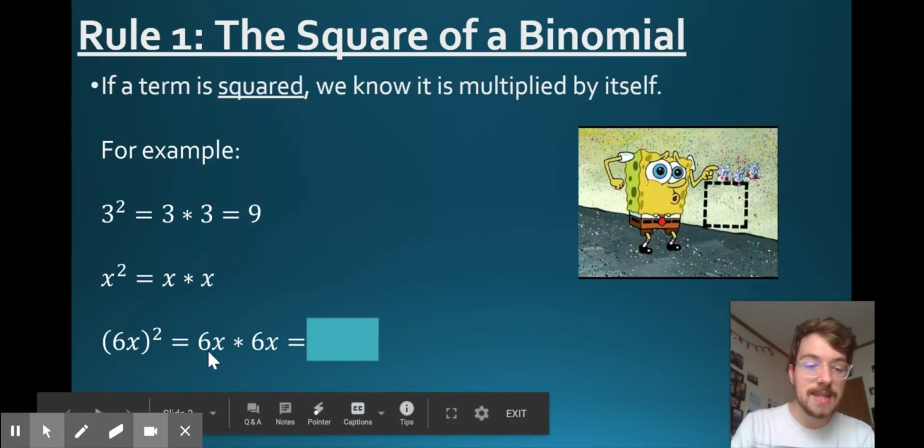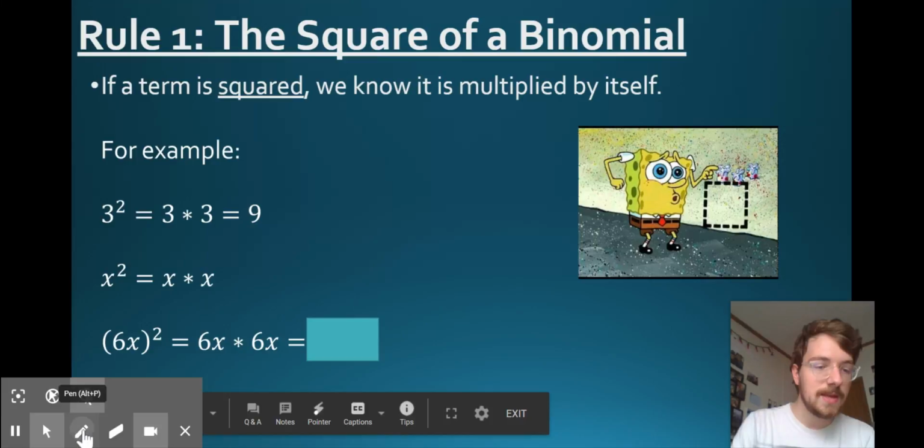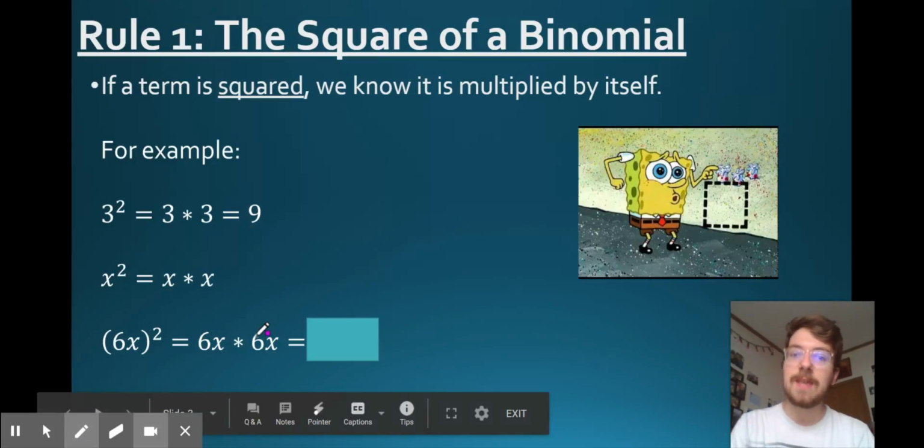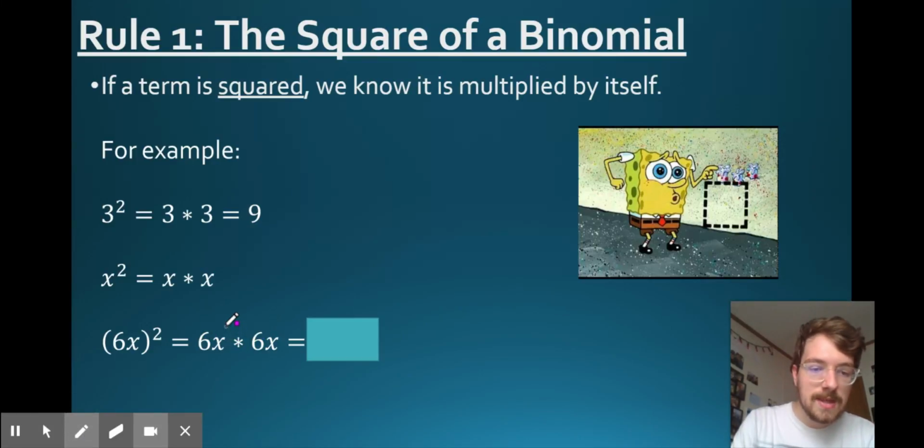In a situation like this, we would just want to multiply our numbers separately and our variables separately. So I know that if I do 6 times 6, I'm going to get 36. And if I do x times x, don't forget, there's no exponent there, so I have 1 exponents, right? And when we multiply variables, we add those exponents.